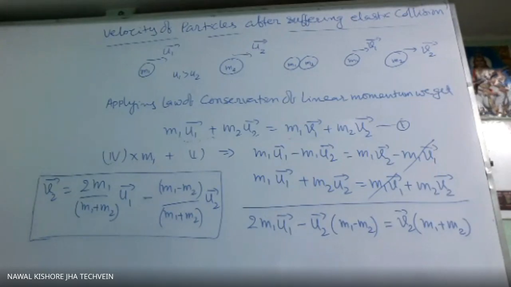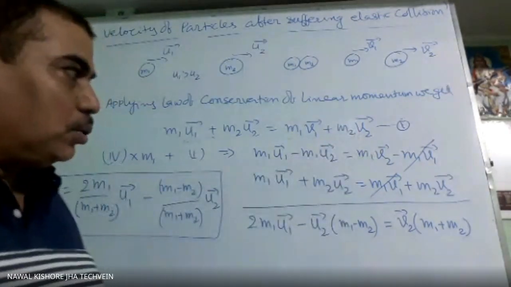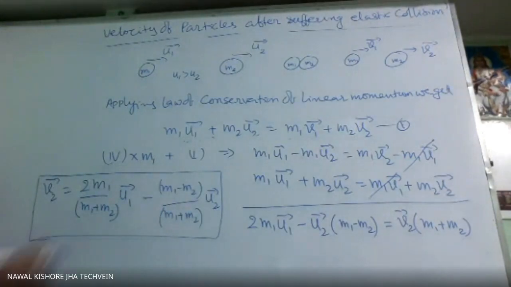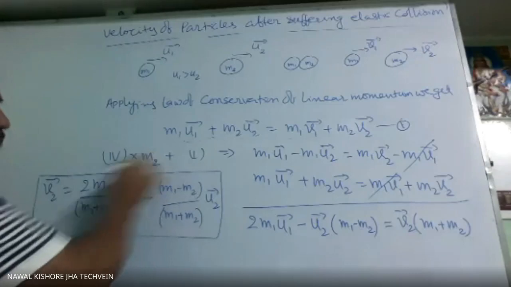Now how will we find V1? To find V1, we have to remove this V2. So we will multiply the fourth equation by M2.